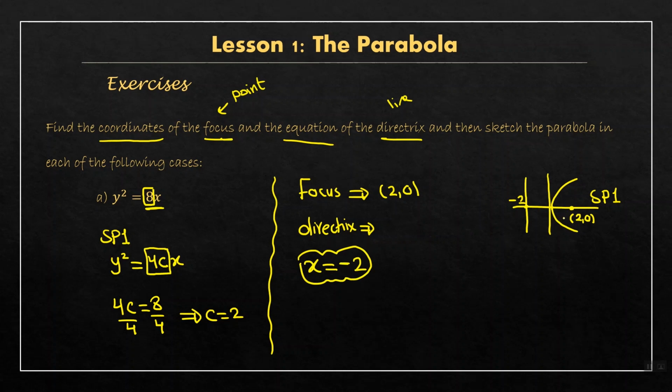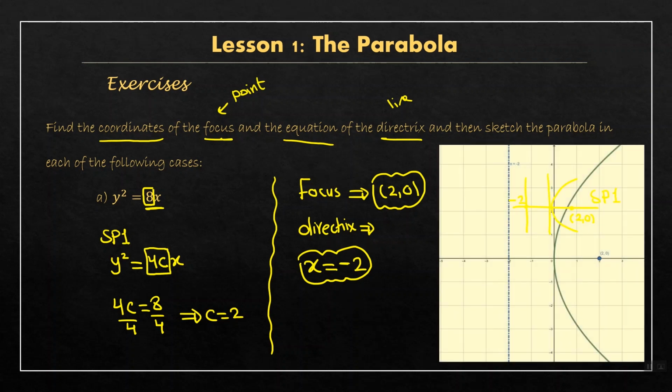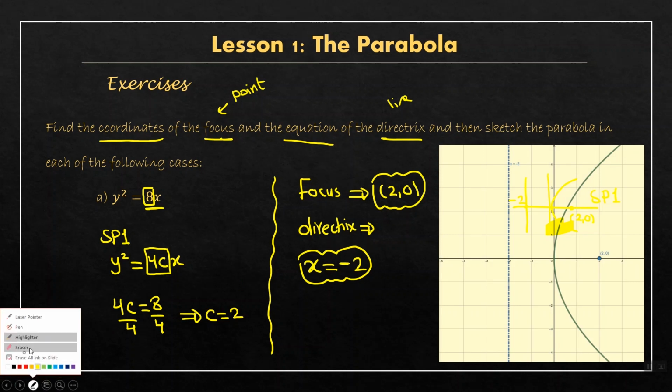I've done all of them together. These are the coordinates of the focus, this is the equation of the directrix, and this is the sketch of the parabola. And if we really draw it, this is how it's going to look. You see, the parabola is going to look exactly like what we expected. Sorry, need an eraser. Okay, so look at this.